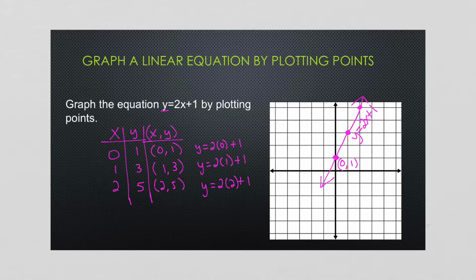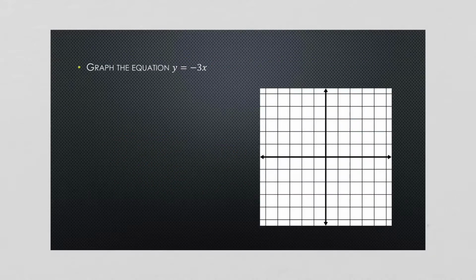For me, I typically will look at just your points and make sure that you drew your line through the points, and I'm pretty happy with that. But again, your future math teachers would love for you to do something like this, so it's not a bad idea to get in this good habit now. Alright, so now we're going to graph y equals negative 3x.